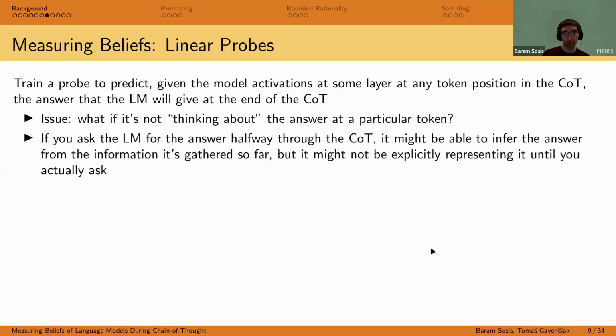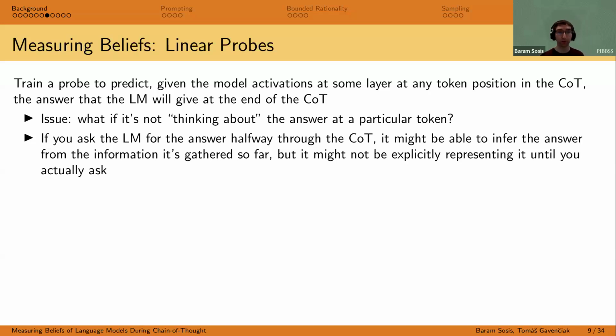Okay, so how do we measure beliefs during chain of thought? One very natural approach is to use linear probes. This is a very common technique used in interpretability research.